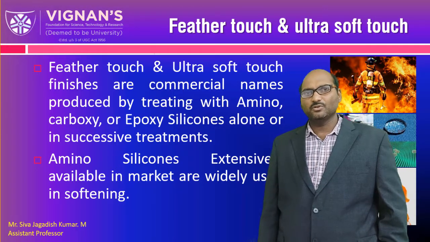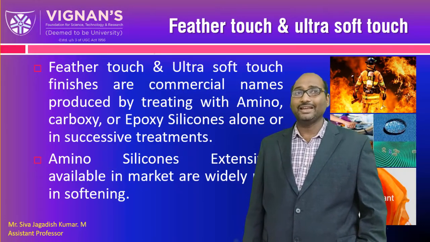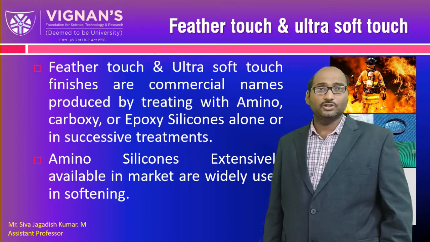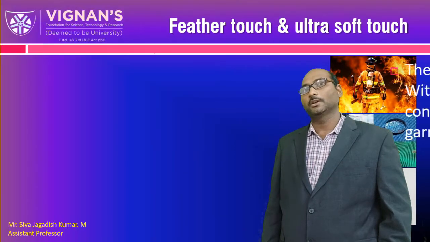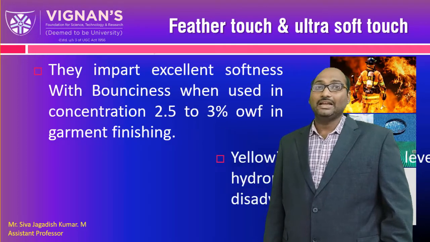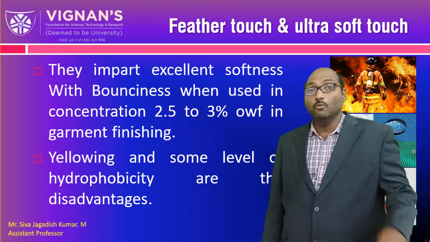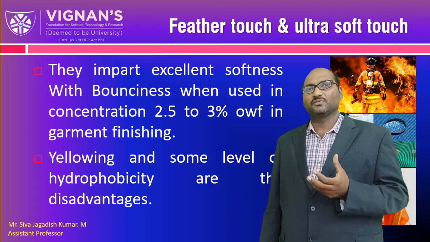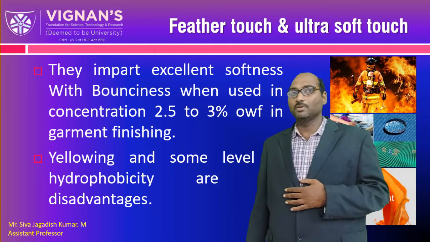Most commonly used are aminosilicones, which are extensively available in the market and very widely used in softening. These silicone softeners impart excellent softness with bounciness. The fabric will get a slightly rubber touch or feather touch finish, with bounciness.